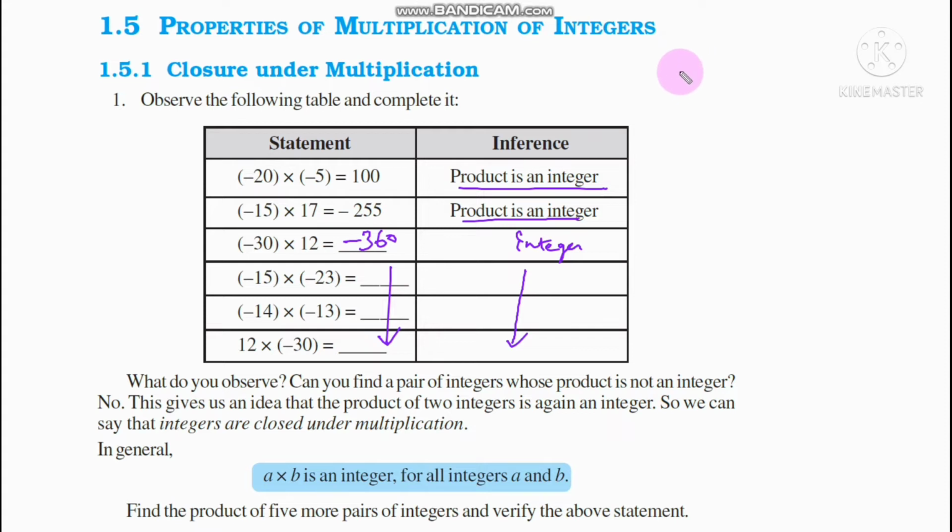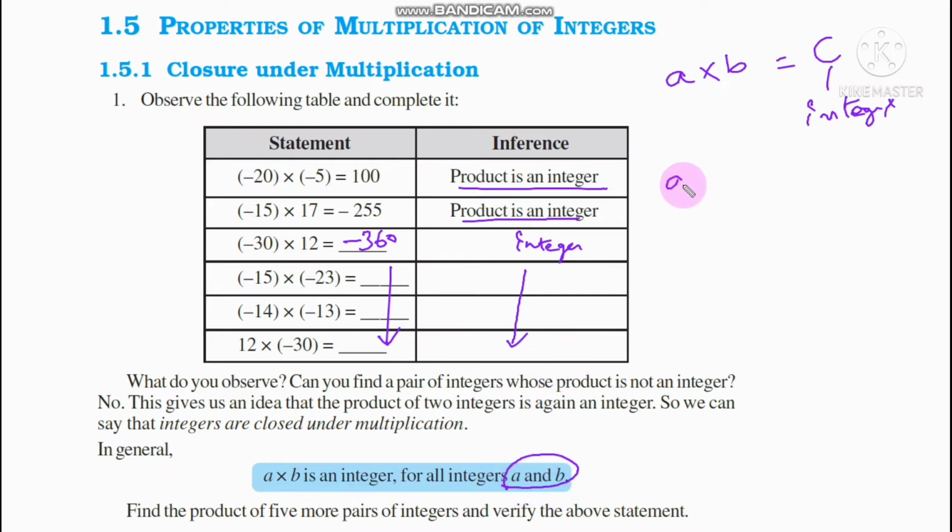So whenever we are multiplying any two integers, we are getting the resultant number as also an integer. So if a, b are integers, then the product is also an integer. So in general, a into b is an integer for all integers a and b.